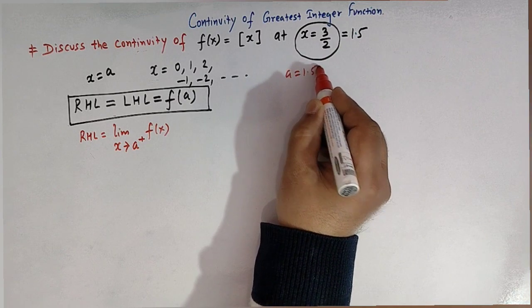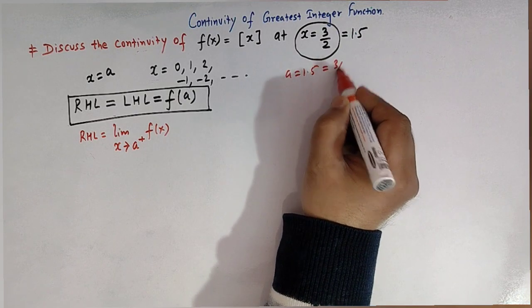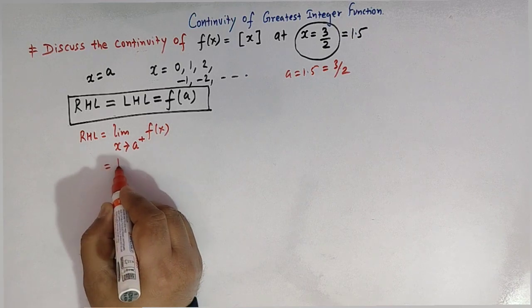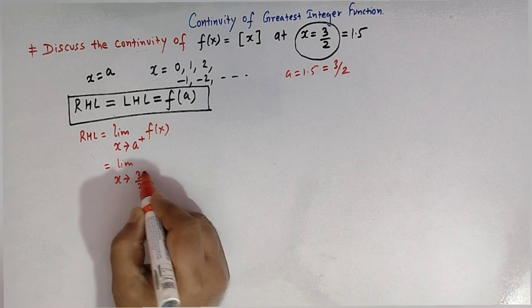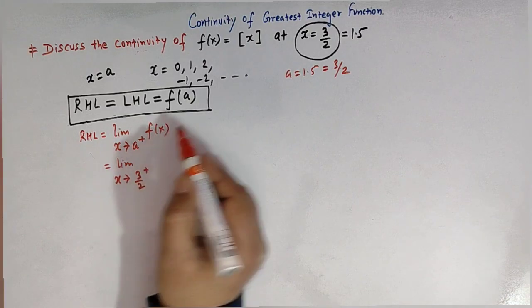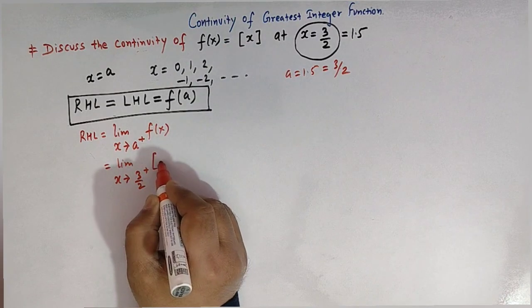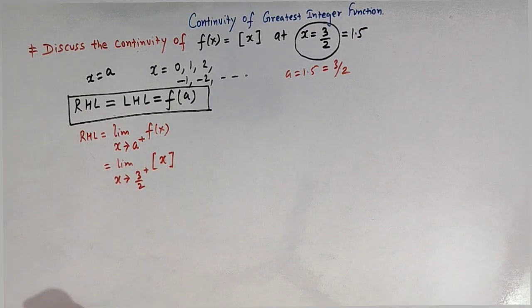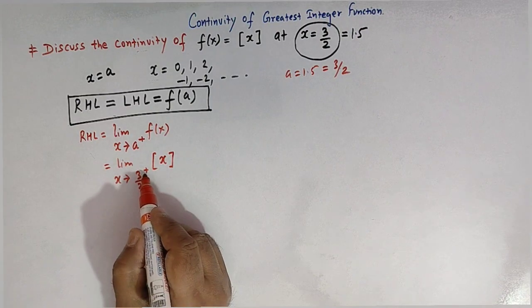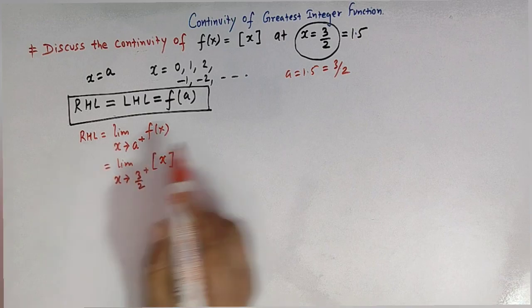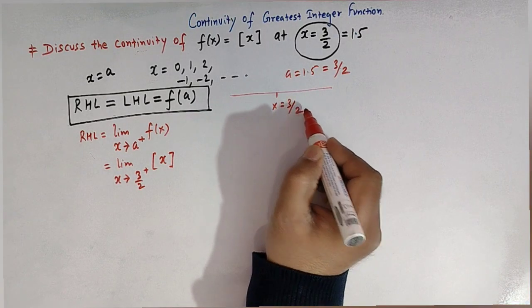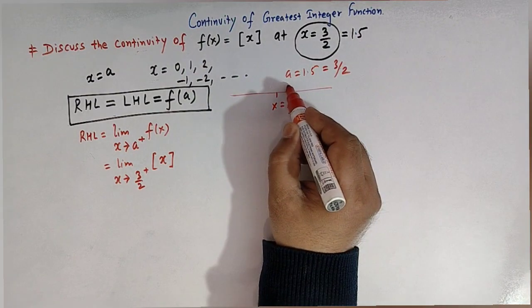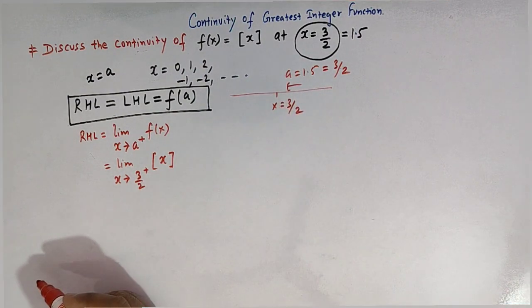So we can write the limit x tends to 3 by 2 plus, of f of x, which is the greatest integer of x. The positive sign shows that we are approaching x is equal to 3 by 2 from the right of x is equal to 3 by 2.